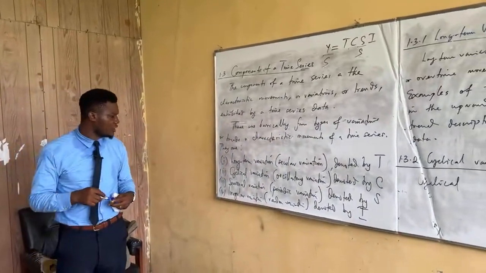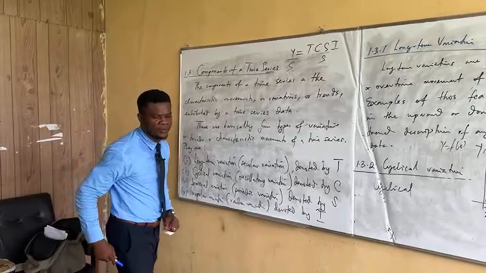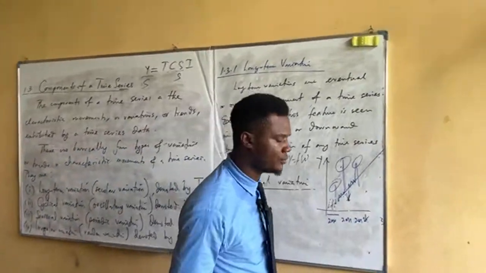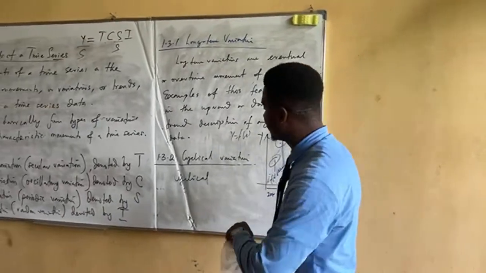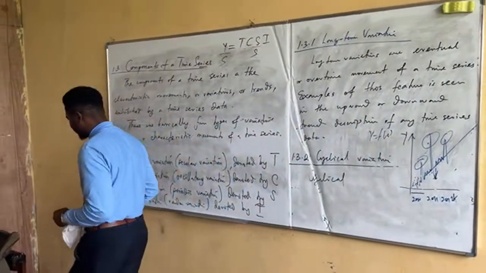Lastly, the next one is what? Irregular variation. Are we there?